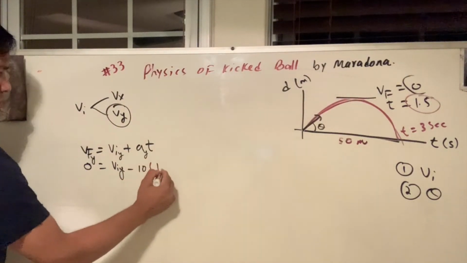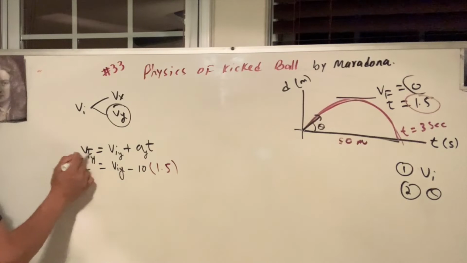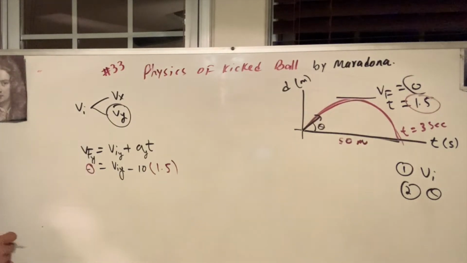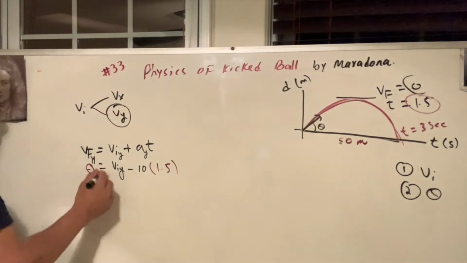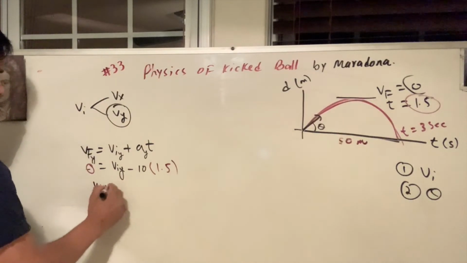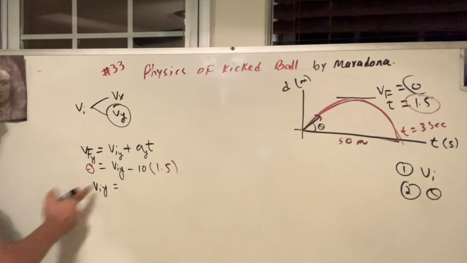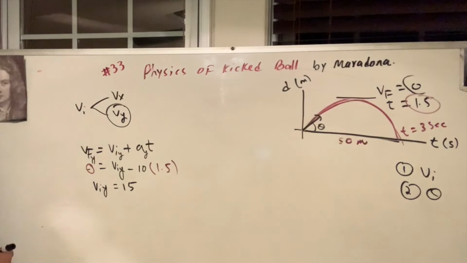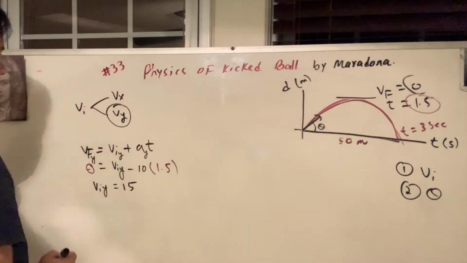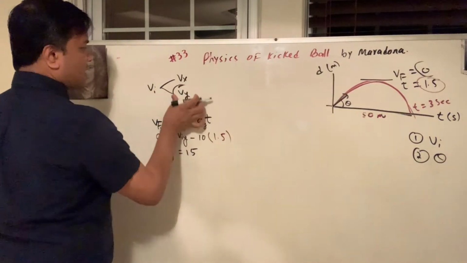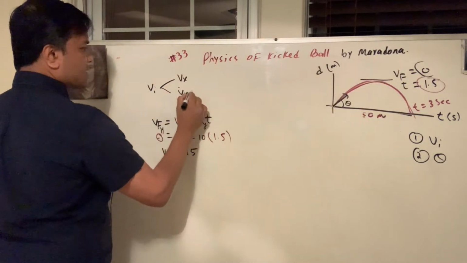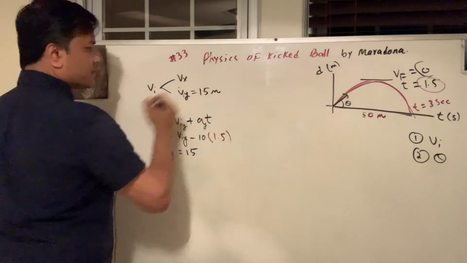So t is 1.5 when v is 0. Get it? Now Viy is equal to 15. So our initial velocity component Viy is equal to 15 meters per second.